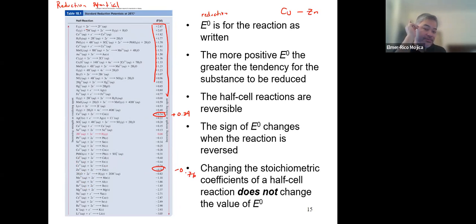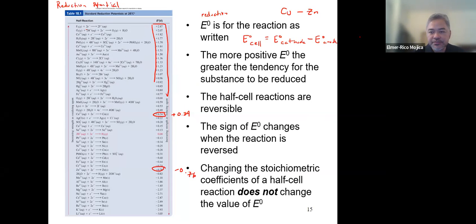If we have a galvanic cell, we're going to have the cell potential equal to the cathode minus the anode.